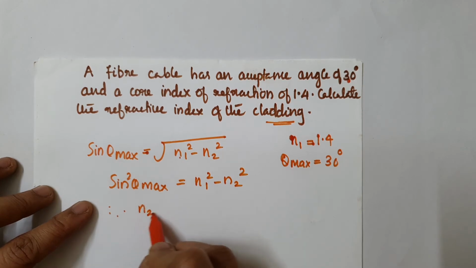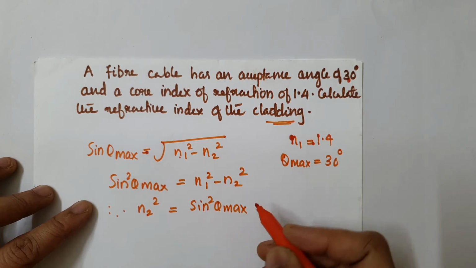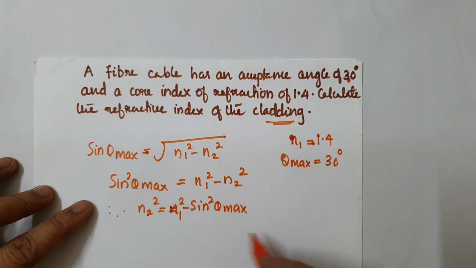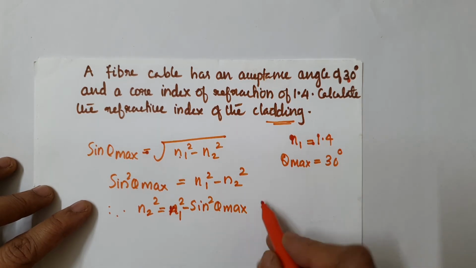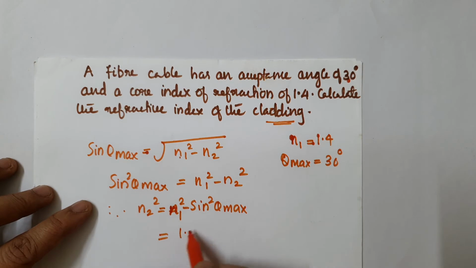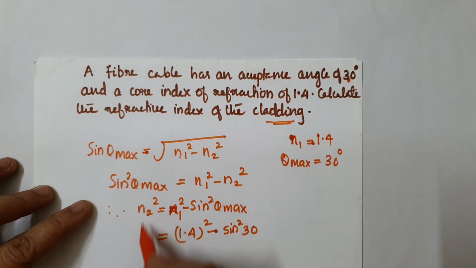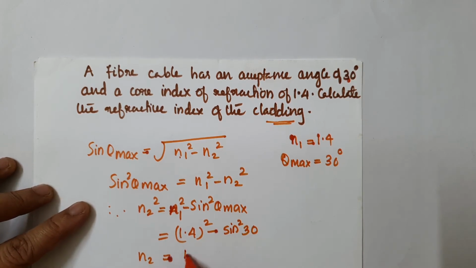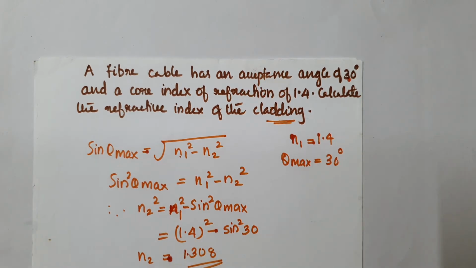Therefore, N2 square is equal to N1 square minus sin square theta max. Substituting the value of N1 square, that is 1.4 the whole square minus sin square 30, the N2 should be approximately 1.308. This is the value of N2.